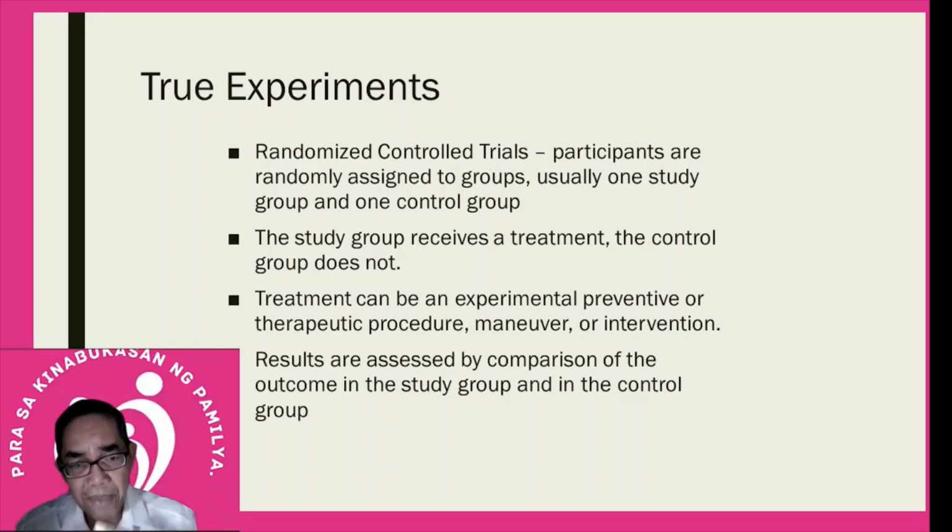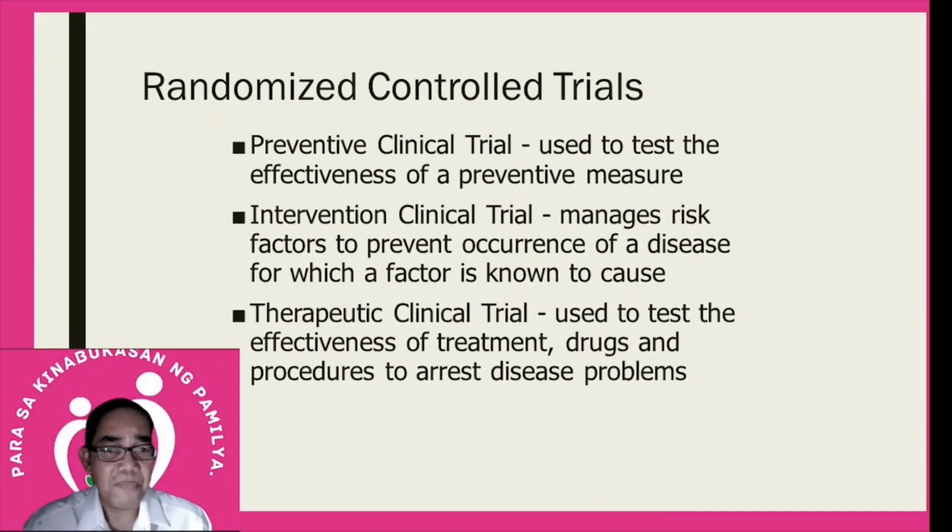So you now compare the outcome in the study group, in the interventional group, those given the intervention and those not given the intervention. This is a randomized controlled trial. Now, we can also have a preventive clinical trial that is used to test the effectiveness of a preventive measure.